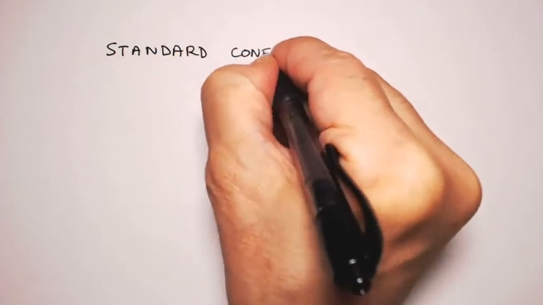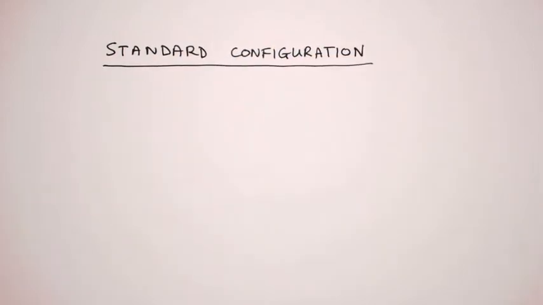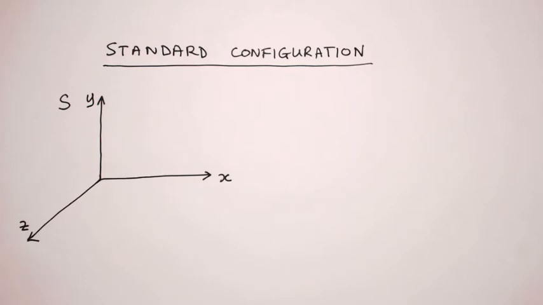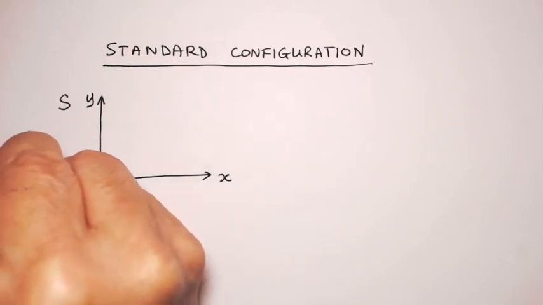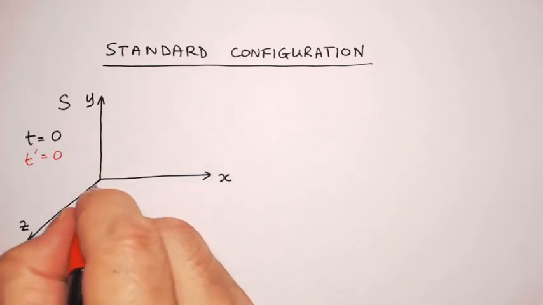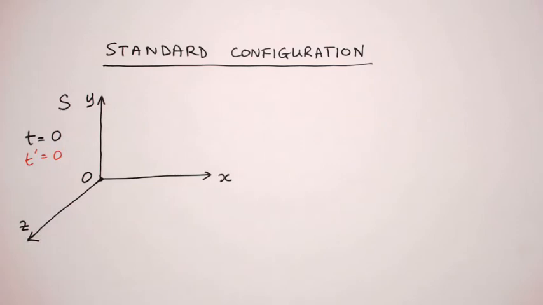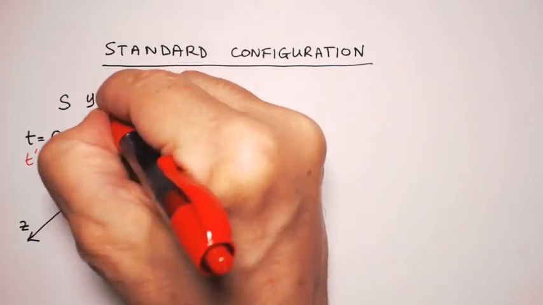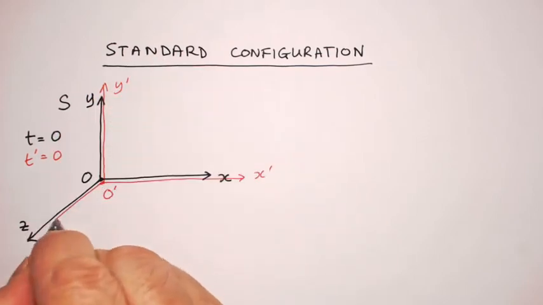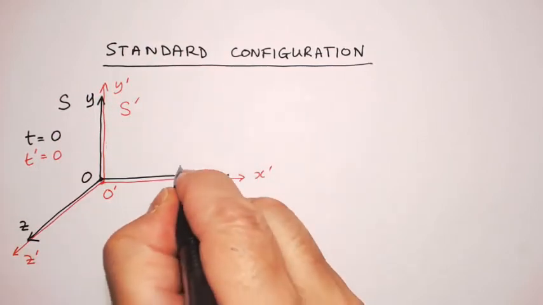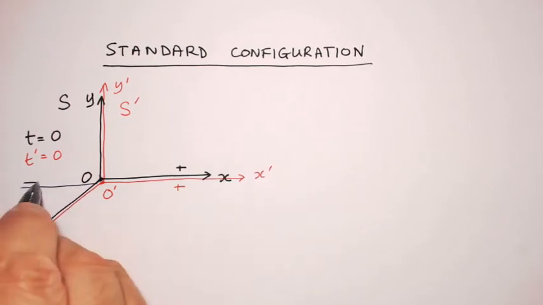For simplicity, we will work with two inertial frames, S and S' in standard configuration. In S', coordinates are t', x', y', z'. At t equals 0 and t' equals 0 in both frames, their origins, O and O', are at the same position, and their axes are aligned with x' along x, y' along y, and z' along z, with positive x' along positive x, and so on.